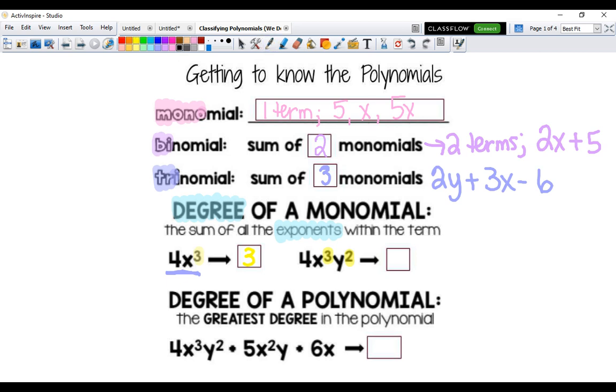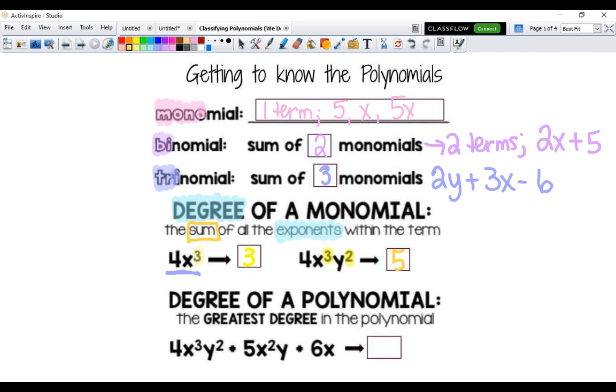In this case, I need to combine my exponents, because it says the degree of a monomial is the sum of all of the exponents. So my exponent of 3 plus my exponent of 2 will give me a degree of 5. So that's the degree of a monomial, because it's only 1 term.